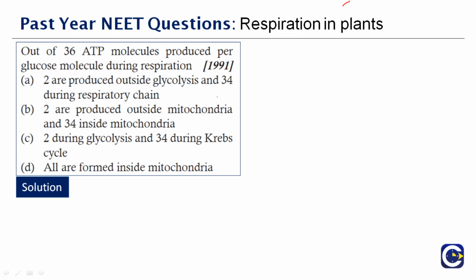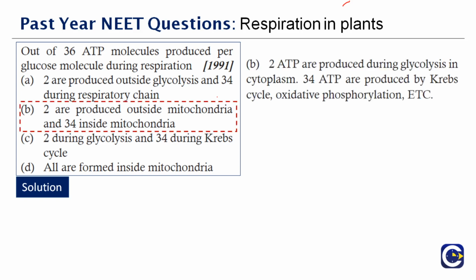It is inside the mitochondria. 2 are produced outside mitochondria and 34 inside mitochondria. 2 ATP molecules are produced during glycolysis in cytoplasm, while 34 ATP are produced in Krebs cycle, oxidative phosphorylation, etc. Always remember that. Therefore the correct answer is option B.